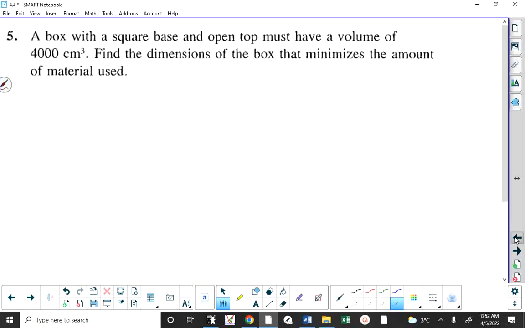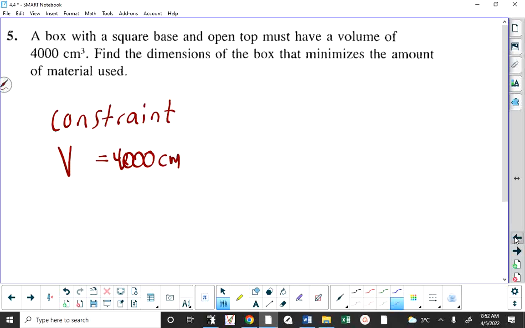We have a constraint that is volume must be 4,000 cubic centimeters. We can turn that into an equation of constraint by taking the formula for the volume, which is length times width times height equals volume, and applying it to that diagram, so it's going to be S times S times H.